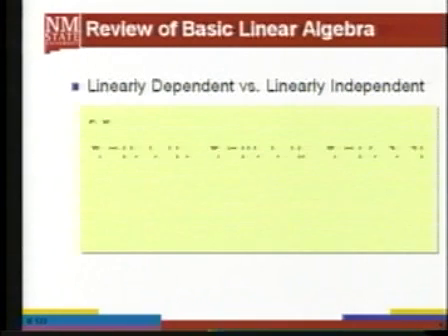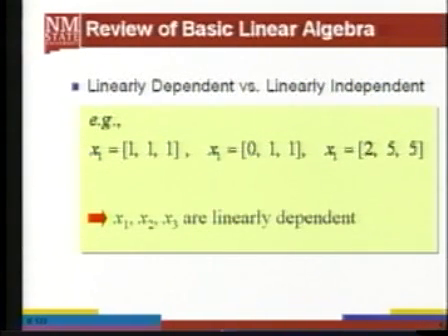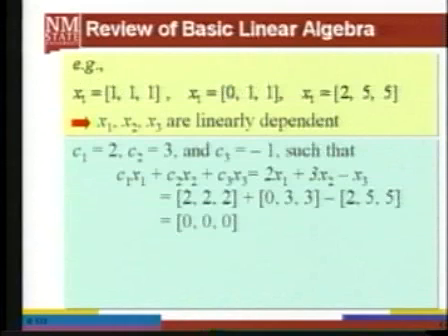So to illustrate, let's consider three 1×3 matrices, x1, x2, and x3, like this. And here, x1, x2, and x3 are linearly dependent, because there exist 3 numbers, not all 0, that is, C1 equals 2, C2 equals 3, and C3 equals -1, which satisfy the linear combination of vectors equal to 0.